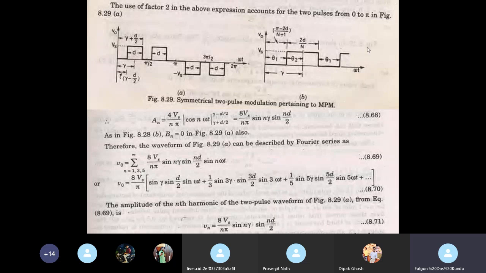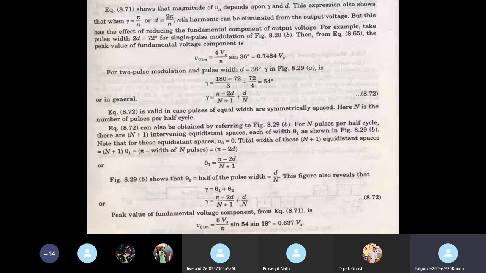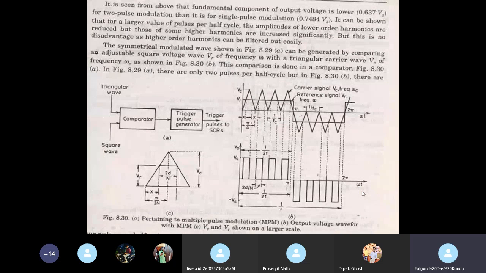After that, this is again off, okay? The value of θ1 is pi minus 2D by N plus 1, okay? And gamma is nothing but θ1, θ2, okay? So this is actually multiple pulse modulation, okay?